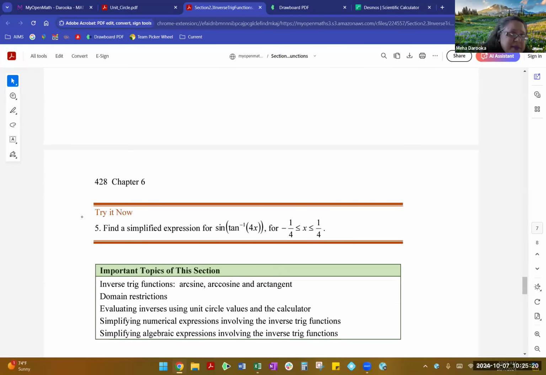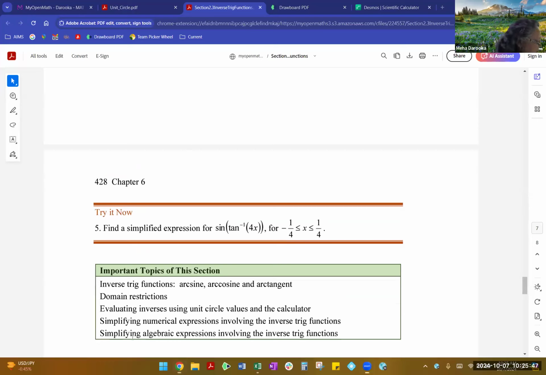Same thing's happening here. You have sine of tangent inverse of 4x, and they're telling us the x value is going to be between negative 1/4 and positive 1/4, including the endpoints. So again, take a minute, think about how you are going to simplify this, and then let's see what you come up with.